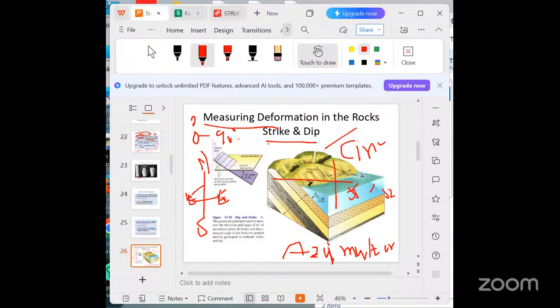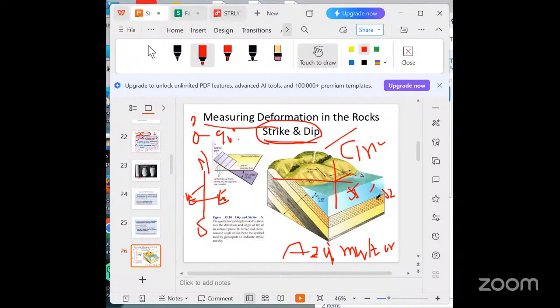The orientation of planar features is given by measuring the orientation of two lines in the plane. A plane is determined by two lines, any two lines which are not parallel can be chosen. For convenience, two lines in a plane are chosen: one a horizontal line and the other a line at right angle to it. These are strike and dip.